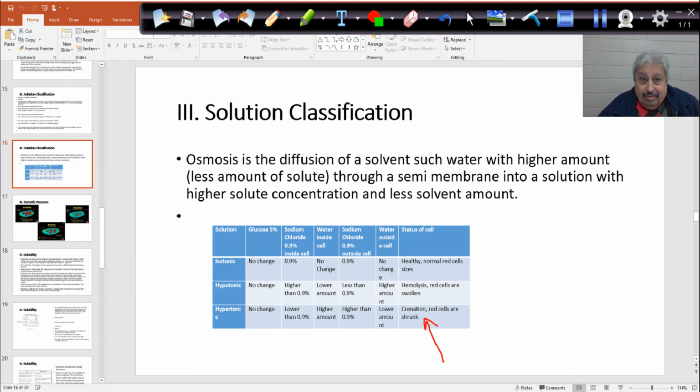So the main thing is you concentrate on the water inside the cell and outside the cell. If you know this, inside and outside, that will give you a lot of information. And diffusion is always from higher to lower. From higher to lower.